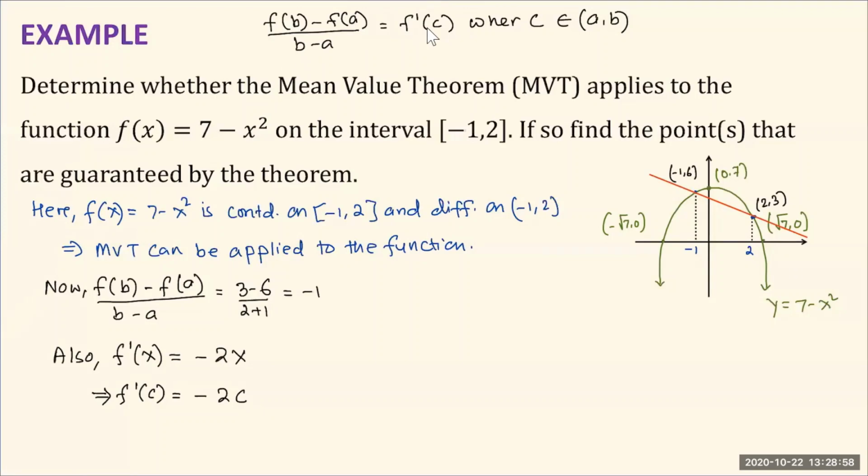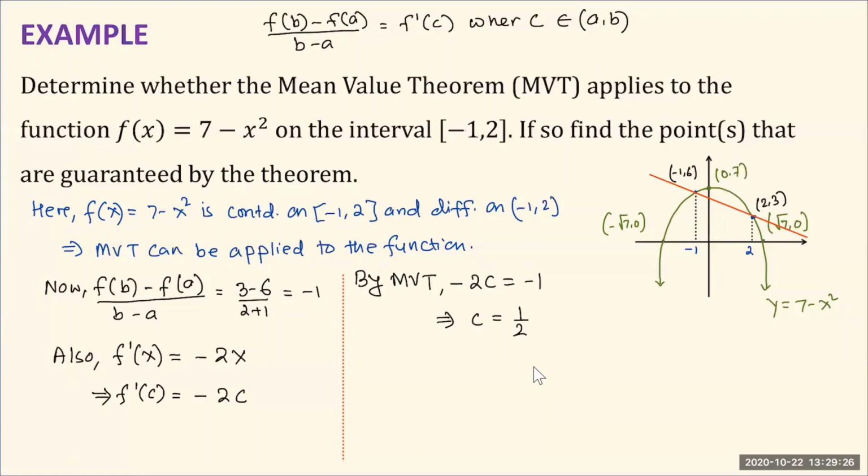So by mean value theorem, negative 2c must be equal to negative 1, which implies c equals 1 over 2.